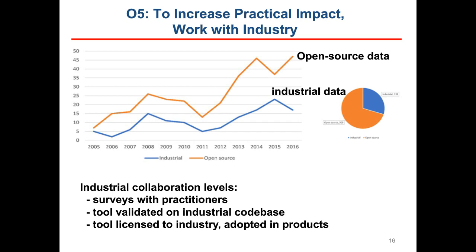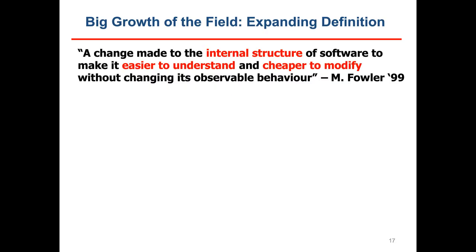So wrapping up this part of my presentation, we have seen a significant expansion of the field of refactoring, and it's because we simply refactored the definition of refactoring. So we have truly eaten our own dog food. We are people who believe in refactoring to the point that we refactor ourselves.